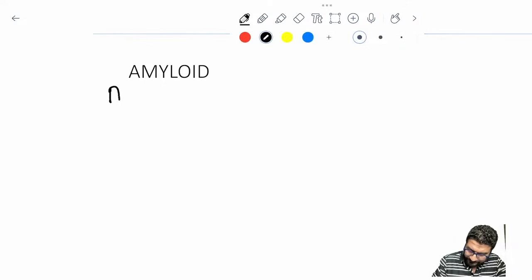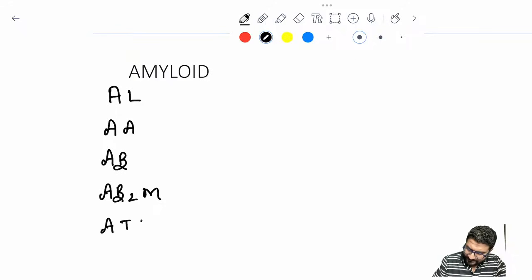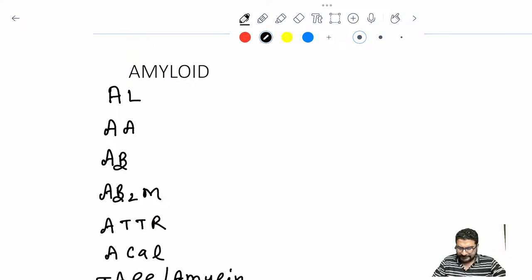So we have AL amyloid, AA amyloid, A beta amyloid, A beta 2M amyloid, ATTR amyloid, ACal amyloid, IAPP amyloid. IAPP also called amylin. So these are the different types of amyloid.